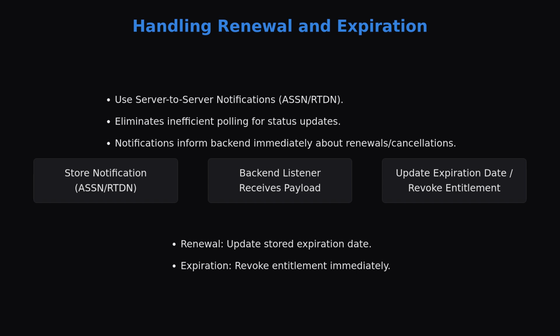When a renewal notification is successfully received, the server must update the stored expiration date in the database immediately. Conversely, if an expiration notification is received, the user's entitlement must be revoked without delay, restricting access to all premium features. This system ensures entitlement accuracy without relying on the client application.